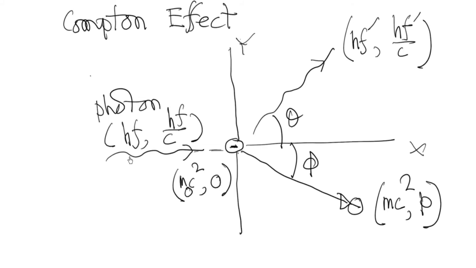Now after collision, the photon will lose energy, so the energy hf prime will be smaller than hf. That means f prime, the frequency after scattering, is smaller than f.